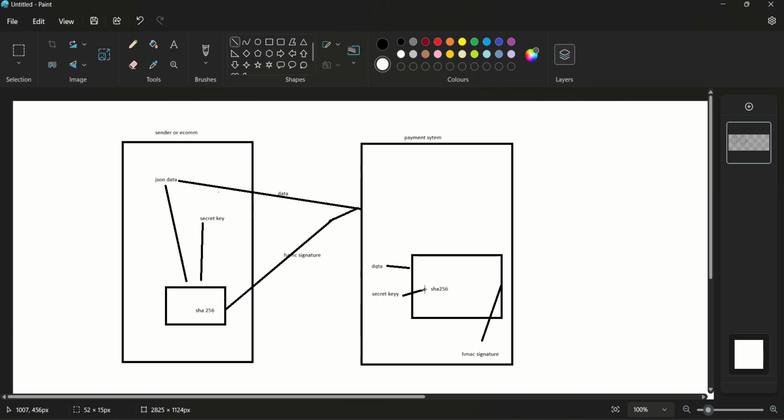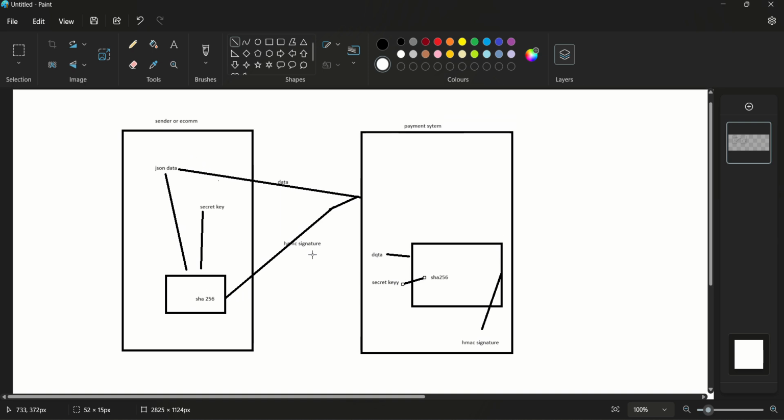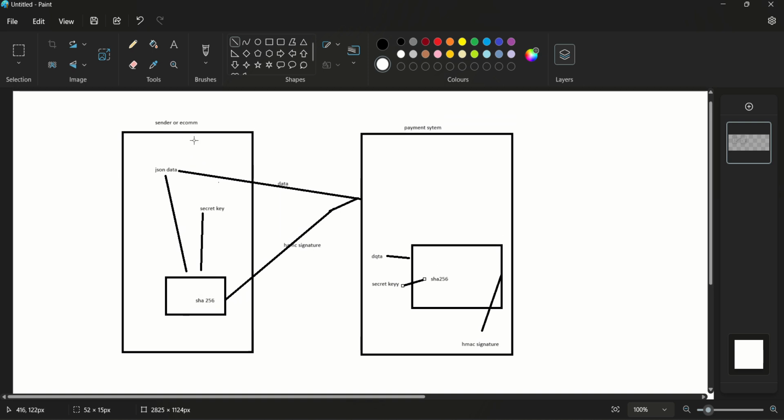After this process, I can explain again. When the sender passes data, it converts the data to an HMAC signature with the help of the HMAC SHA-256 algorithm, and passes the data as well as the HMAC signature.